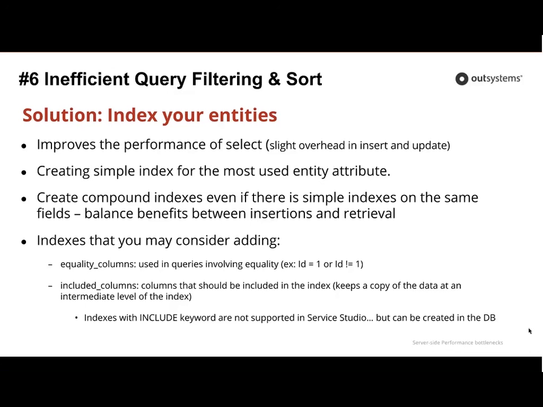In some situations, an index could also be a combination of several attributes, not just an index over a specific attribute. It could be a compound index. And for a specific query that you know you are always going to use this way, we can take advantage of adding the index like this.